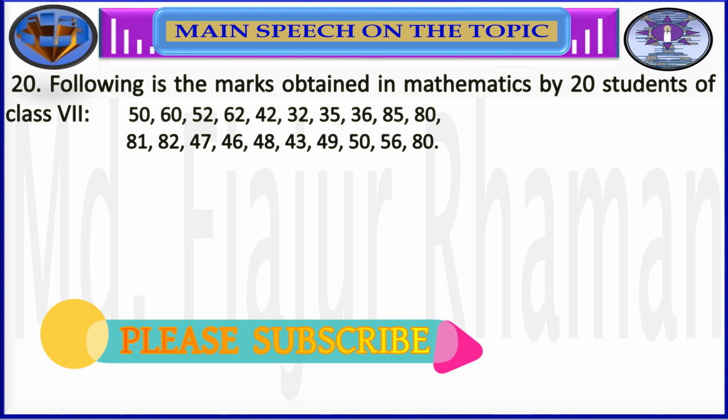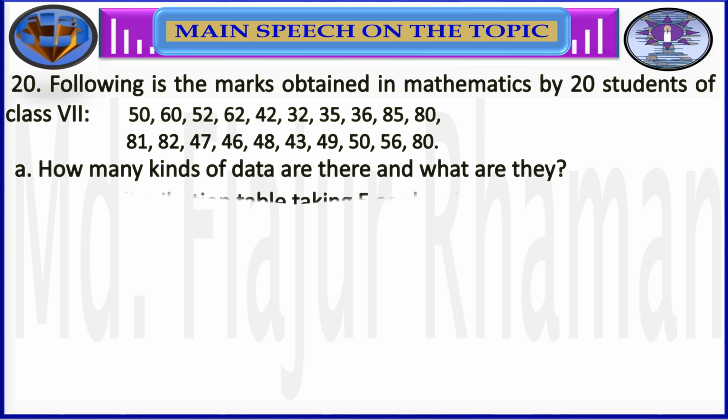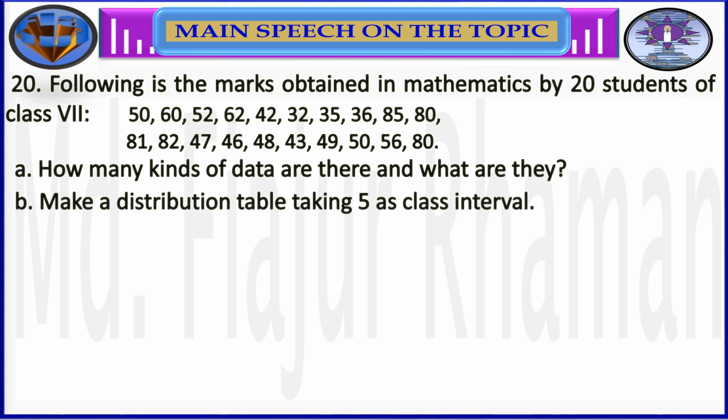First question, question A. How many kinds of data are there and what are they? Second question, question B. Make a distribution table taking 5 as class interval.